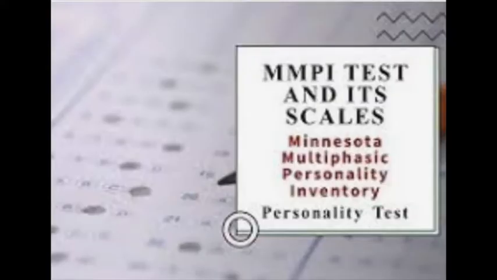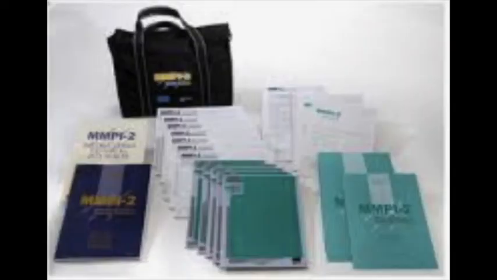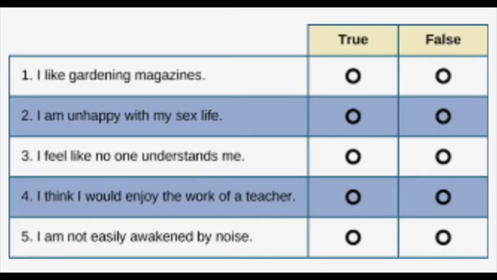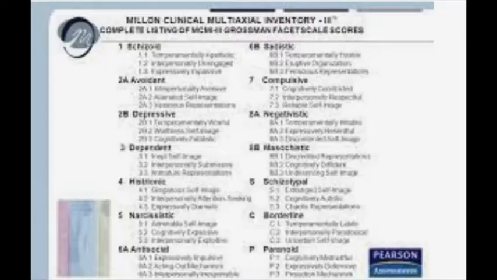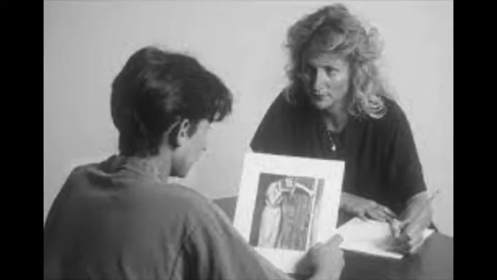The Minnesota Multiphasic Personality Inventory, MMPI-2, the Millon Clinical Multiaxial Inventory, MCMI-2, the Rorschach Psychodiagnostic Test, and the Thematic Apperception Test, TAT, can be useful in diagnosing the borderline personality disorder, as well as the borderline personality style or trait.